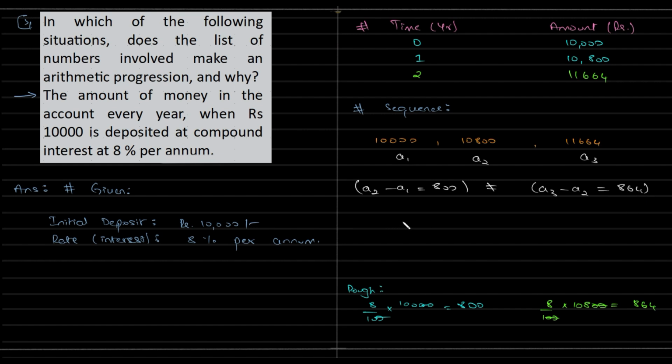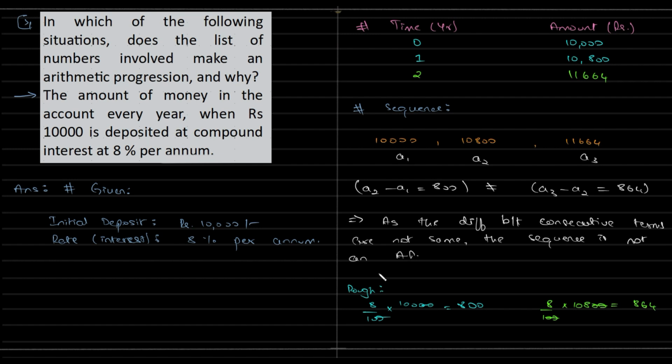And so this implies the difference between consecutive terms is not the same. The sequence is not an AP.